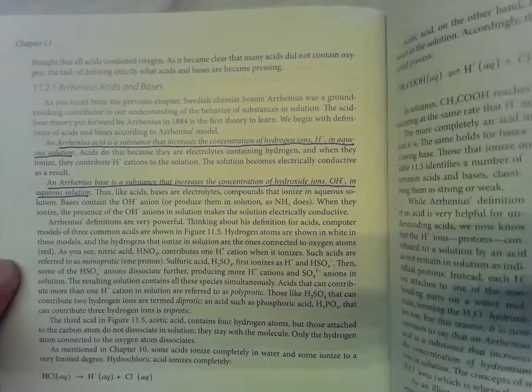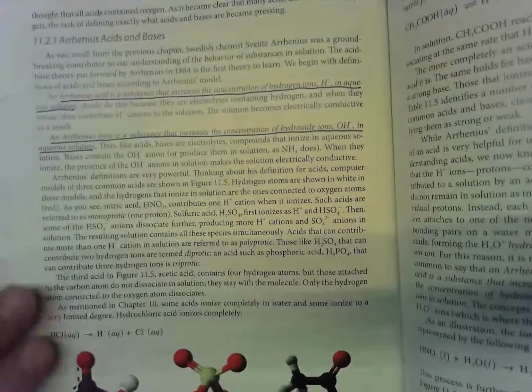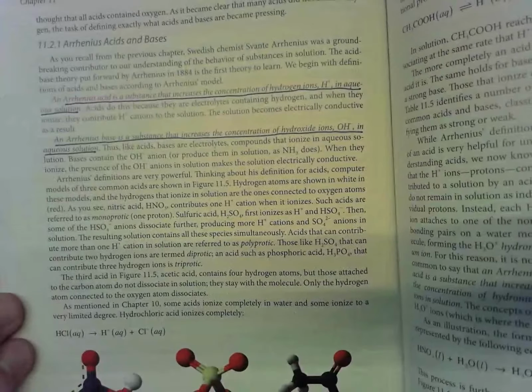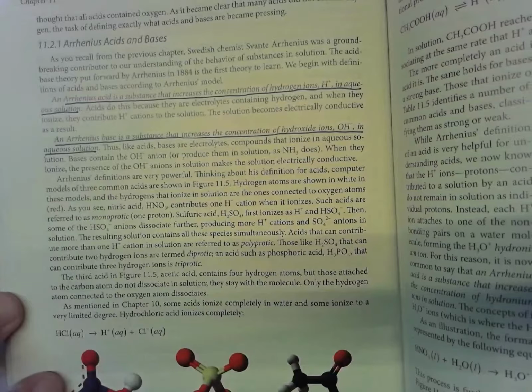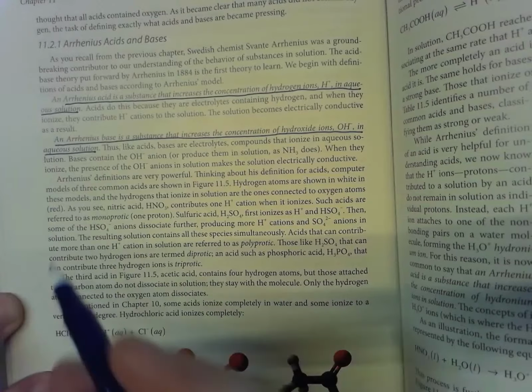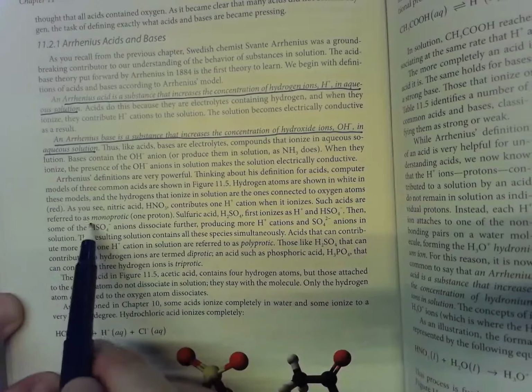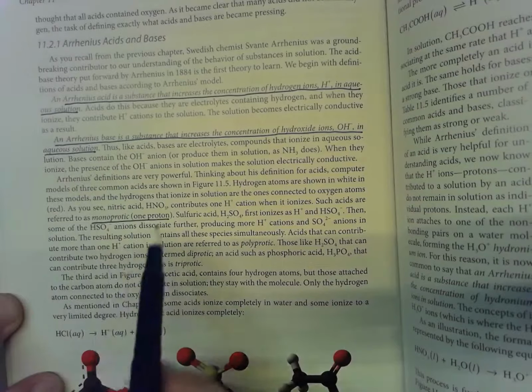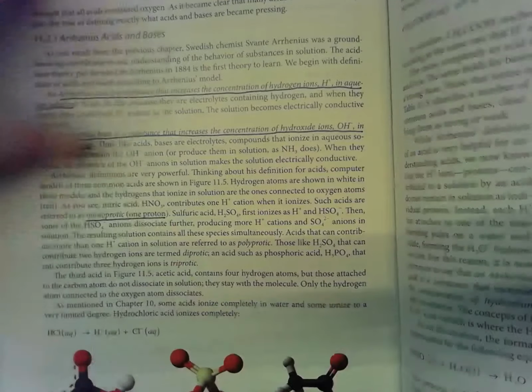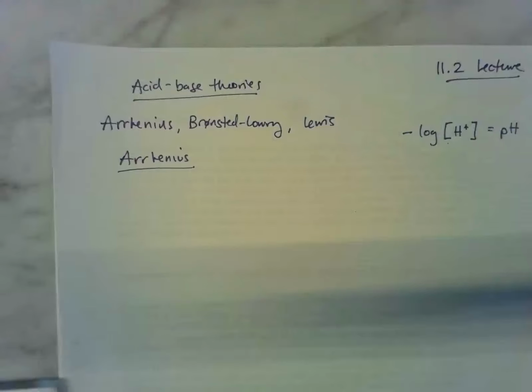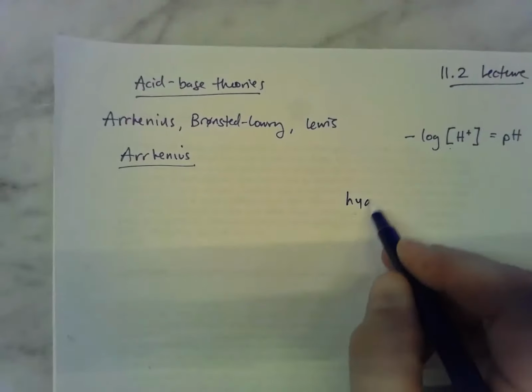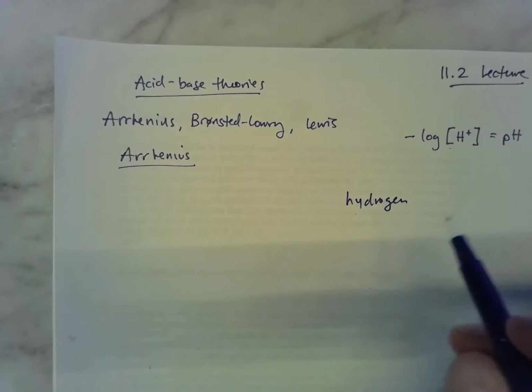Before we get to an example here, he starts using some words that are good to know and shouldn't be too hard to memorize. Monoprotic. Remember that a proton, so we have a hydrogen, right? And what's that look like?